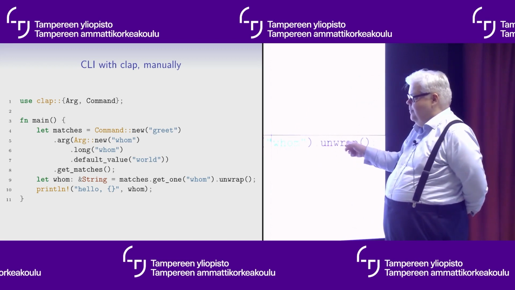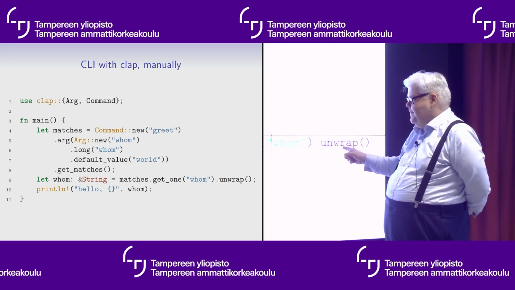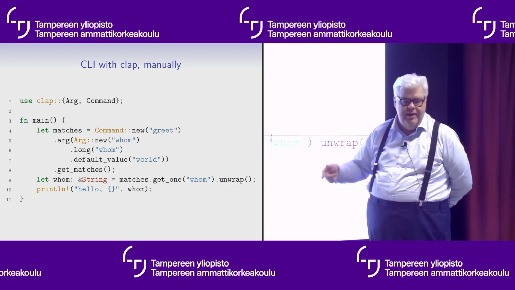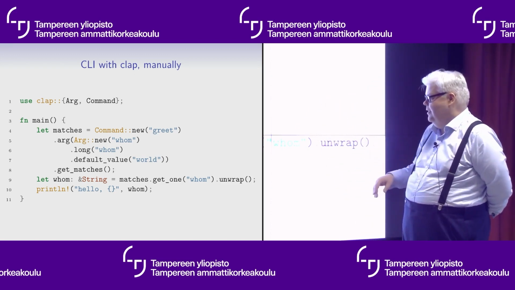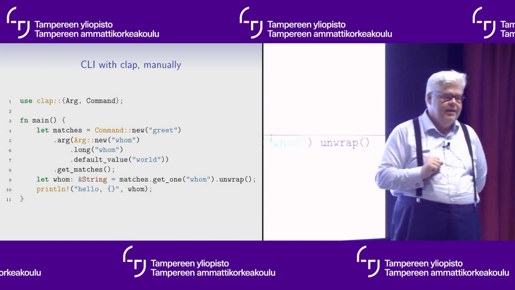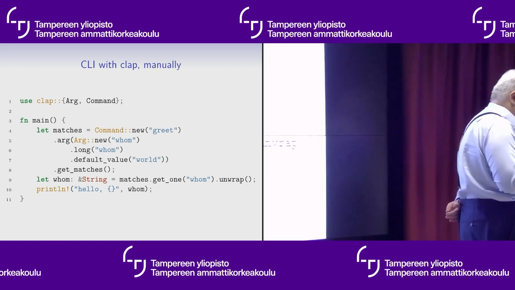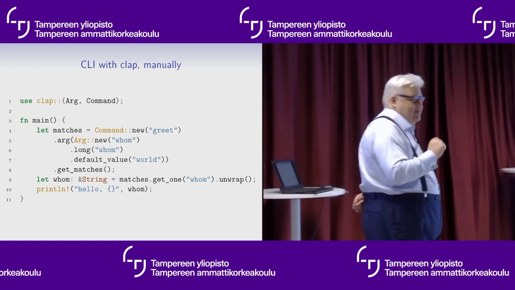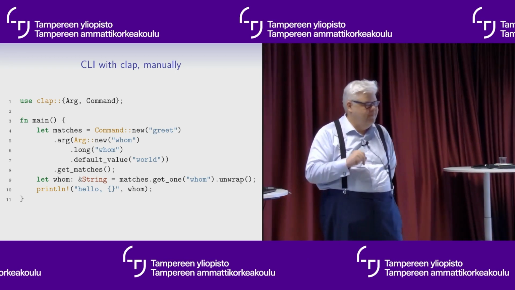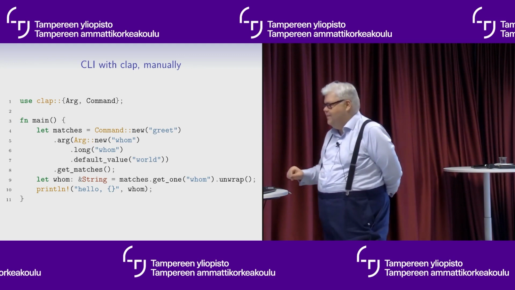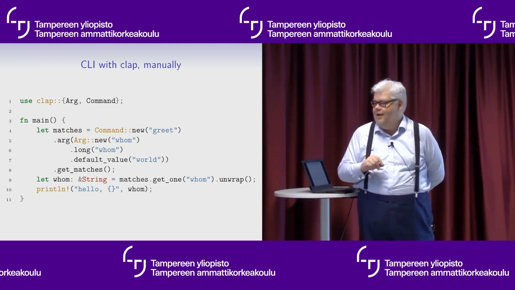So if we just unwrap that without testing, and if there wasn't a value, then this panics, that's fine. But because there is a default value, we don't panic, and then we greet whoever. Is this approximately clear? Nobody raises their hand. That's fine. This is meant to be clear.